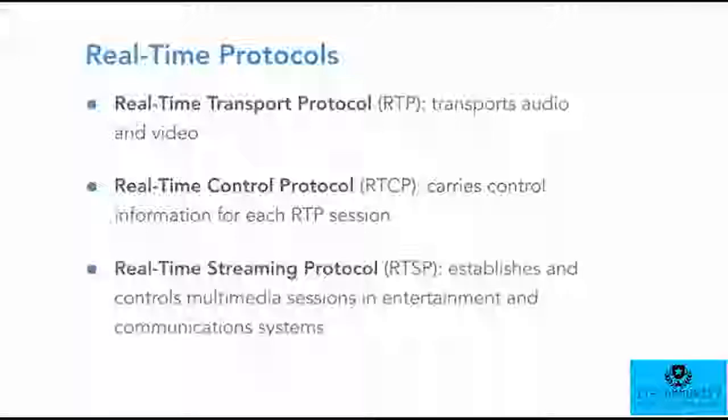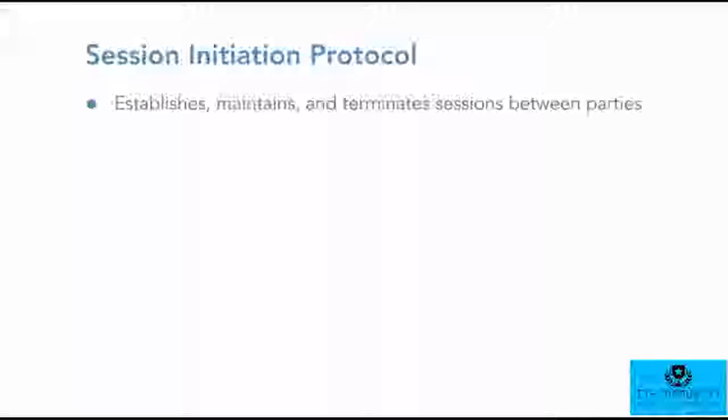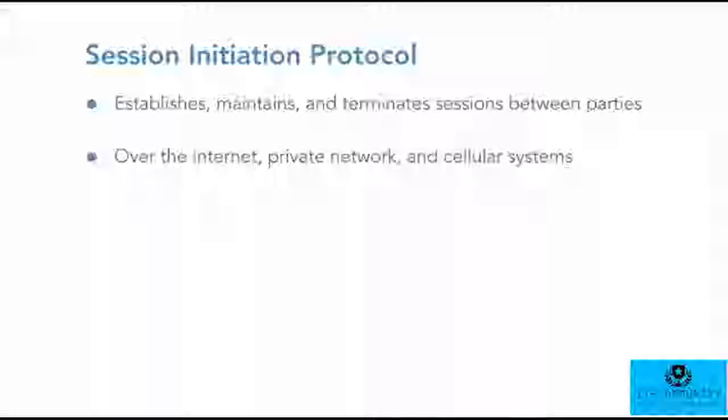Real-Time Streaming Protocol establishes and controls multimedia sessions in entertainment and communication systems. Session Initiation Protocol establishes, maintains, and terminates sessions between parties over the Internet, private networks, and cell systems.